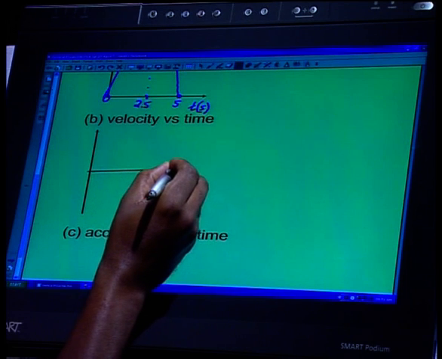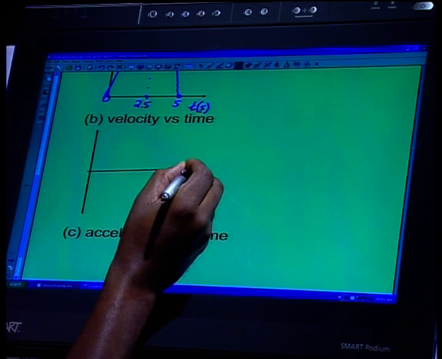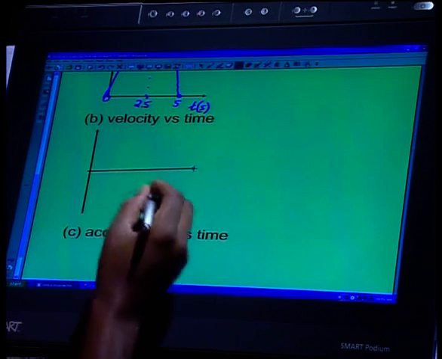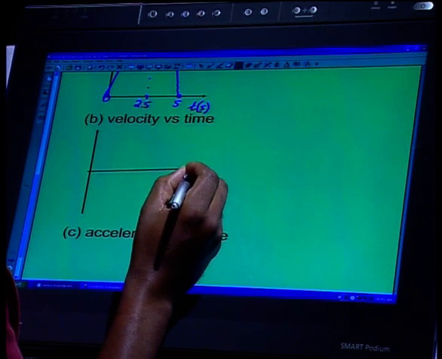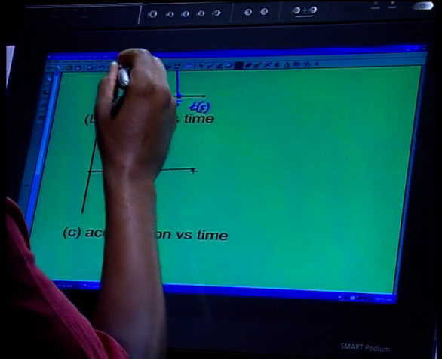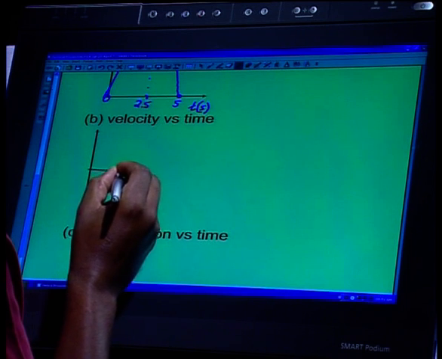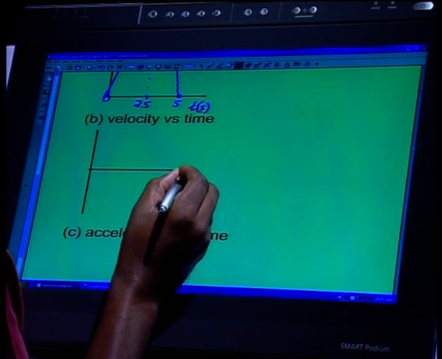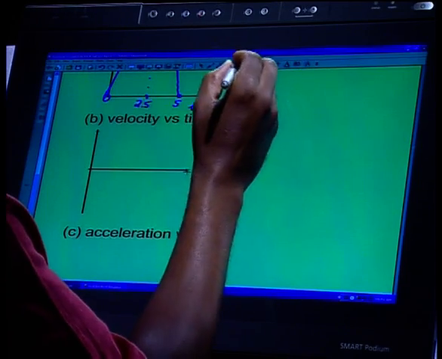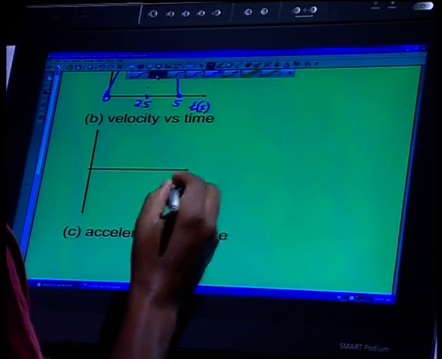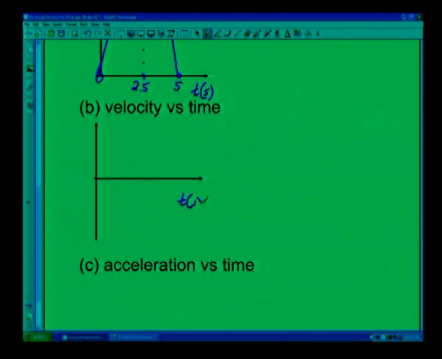I would need the negative part of my vertical axis, which is my velocity axis. So there is the time axis. T in seconds, V in meters per second.